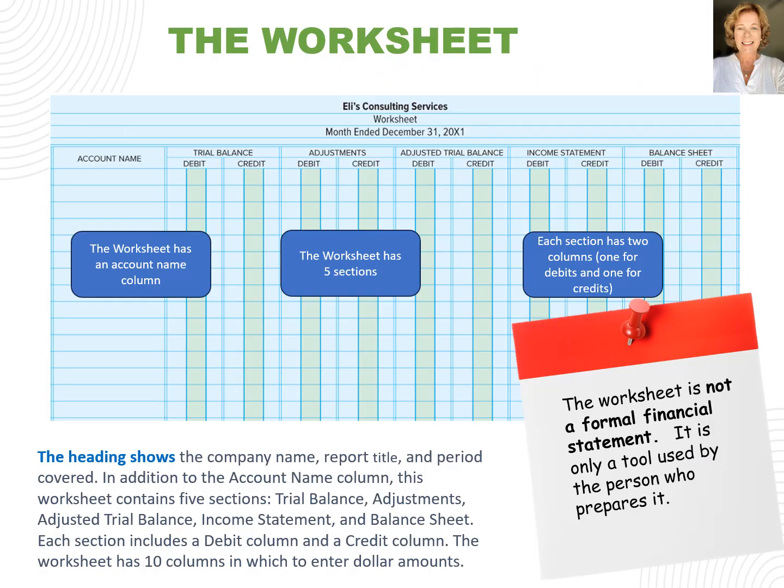That's what a worksheet looks like. It has the header at the very top, Eli's Consulting Services, underneath the worksheet and the time period. The worksheet has 6 sections, one for the account name, and then the trial balance with both a debit and a credit column, the adjustment section with a debit and a credit, the adjusted trial balance, the income statement, and the balance sheet section.